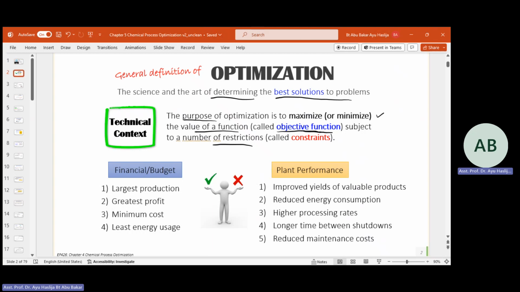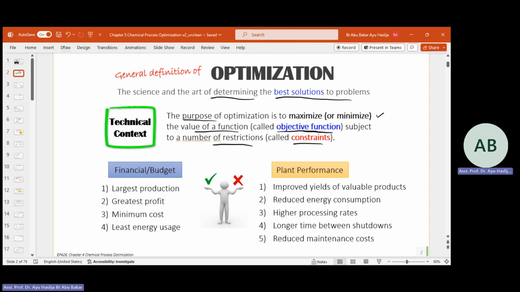So the function is the yield of palm oil. What are the parameters affecting the yield of palm oil? And then the number of restrictions is called the constraint. Perhaps you want to minimize the cost, or the yield should be at a certain concentration. That is your constraint.